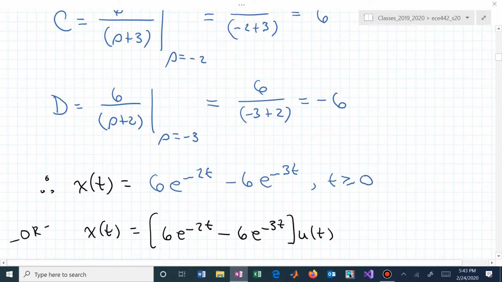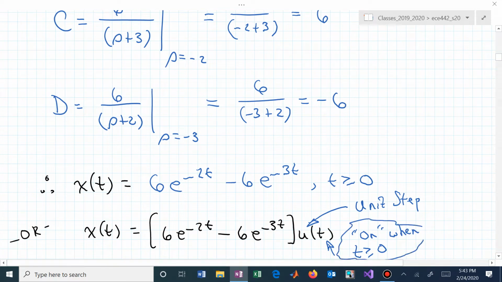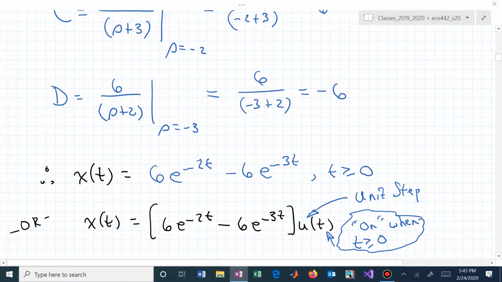Or we could do that same expression using a switch, where u of t is now the unit step, and it's on when the argument t is greater than or equal to 0.